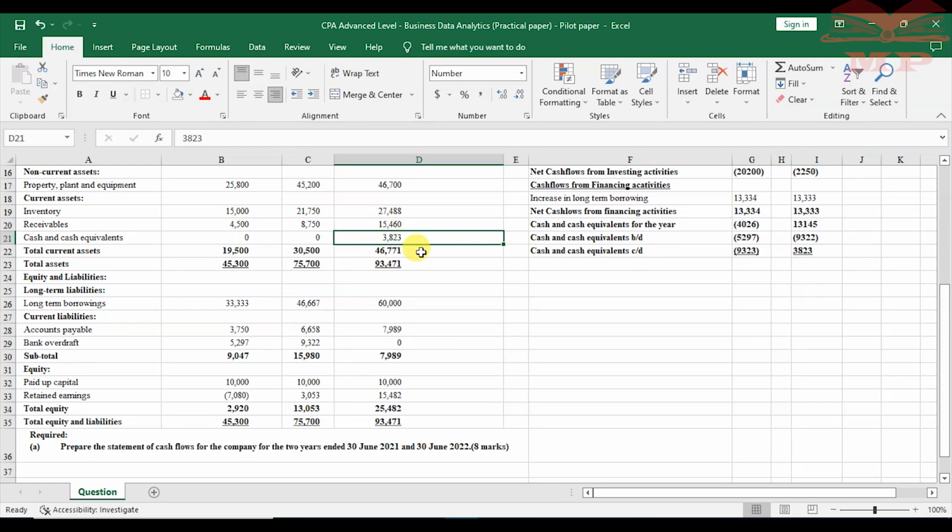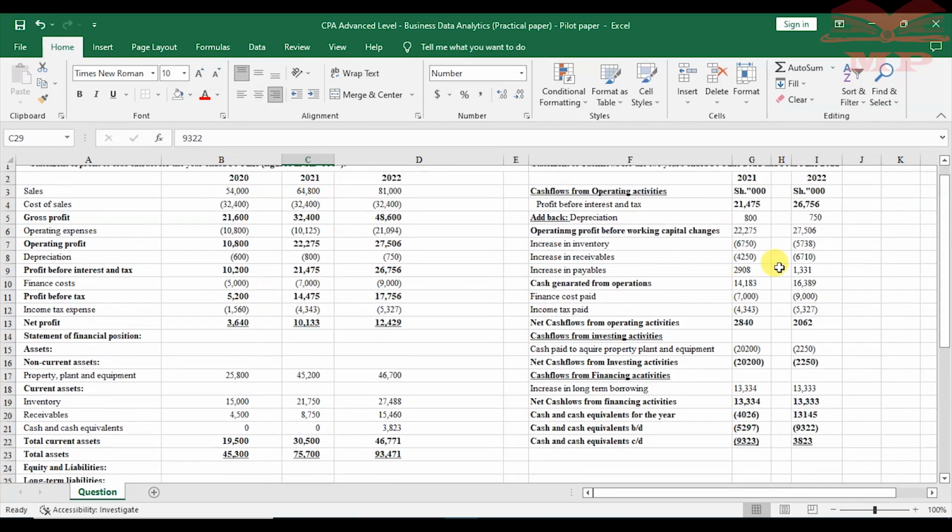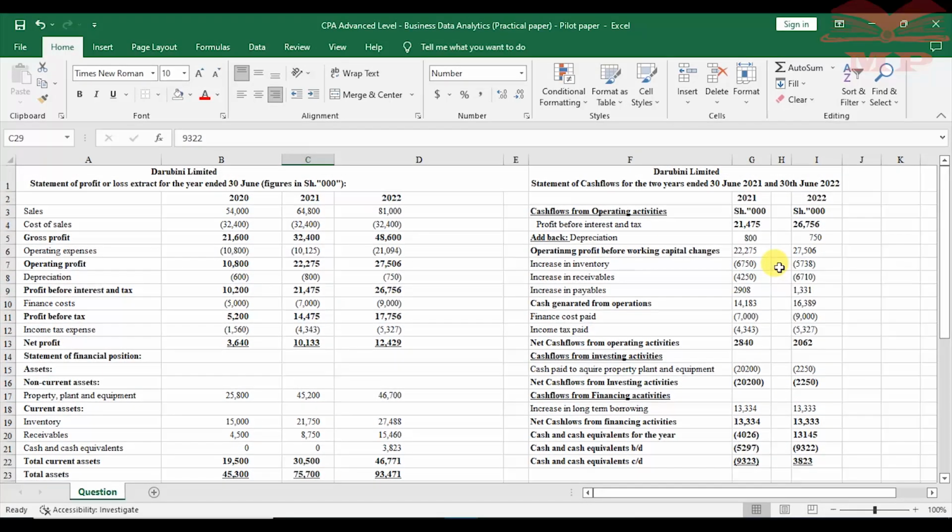The other amount is 38.23. So this is correct. The other one is an overdraft of 93.22. Here we got 93.23. So there's a difference of 1 for the cash flow that we've prepared for the year ended 30th June 2021.